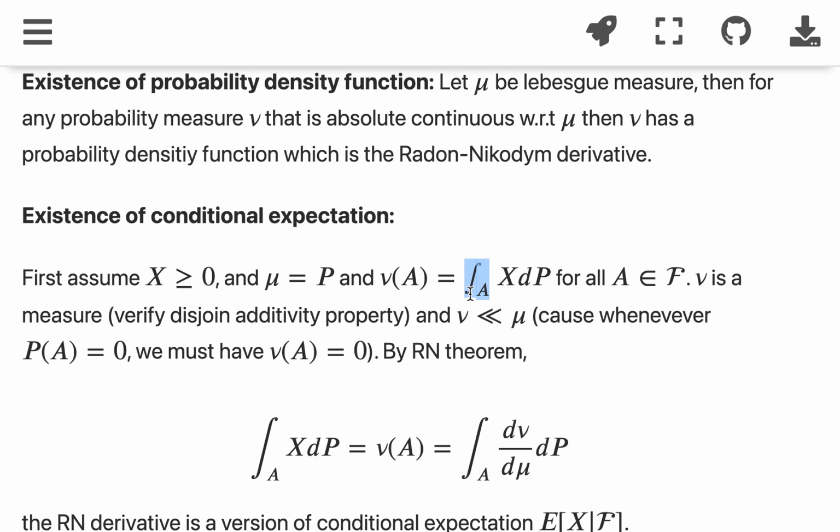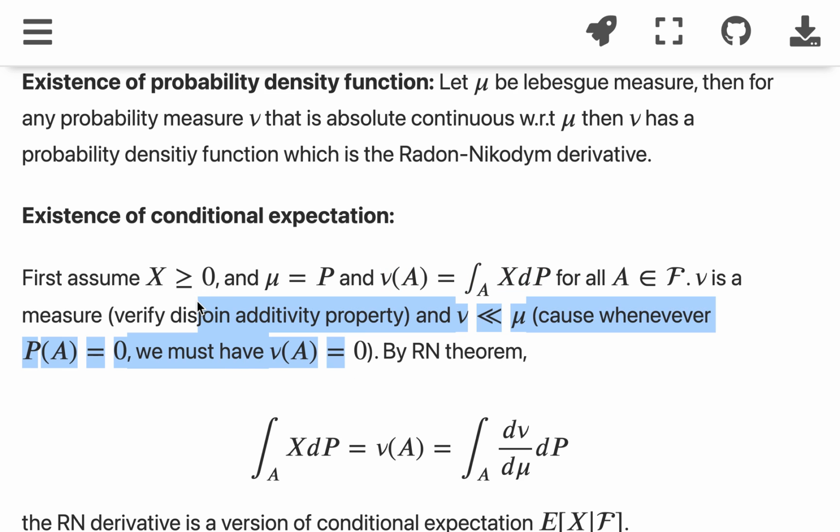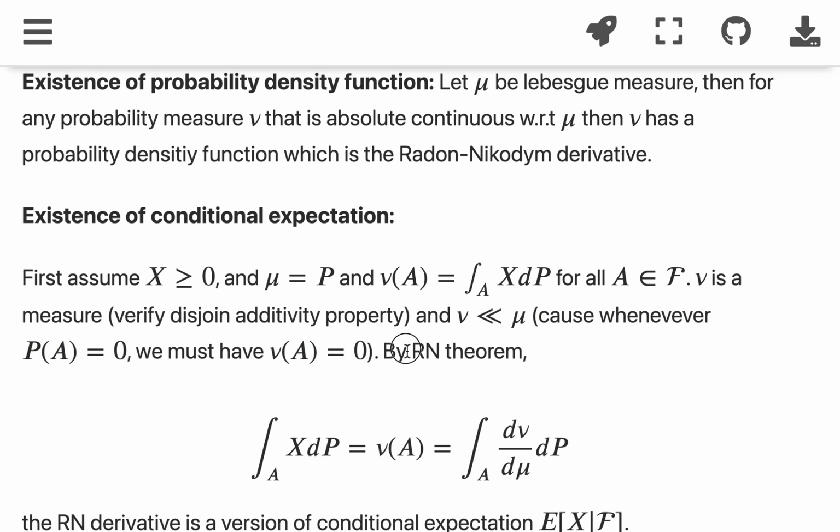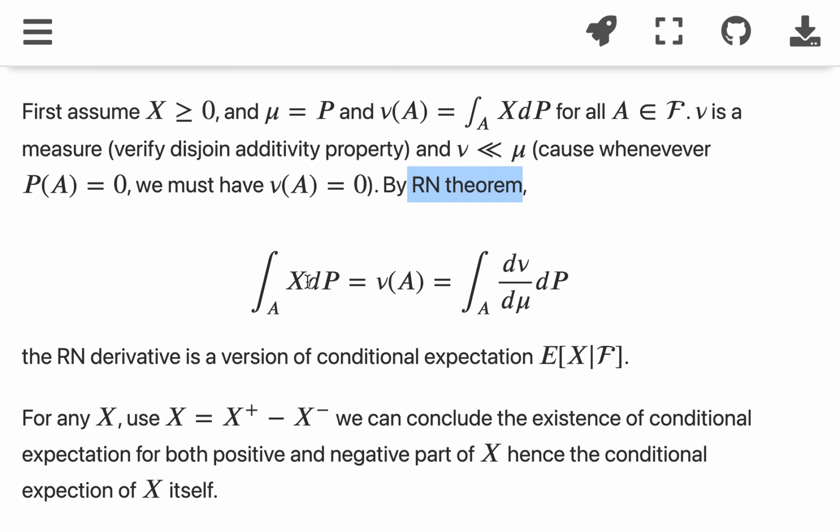You use disjoint sets A_i, and it's a disjoint union, the summation of all nu A_i. And nu is absolute continuous to mu, because if probability p on the set A is 0, then the whole integral is definitely 0. So these two conditions are satisfied, then we can use the Radon-Nikodym theorem.